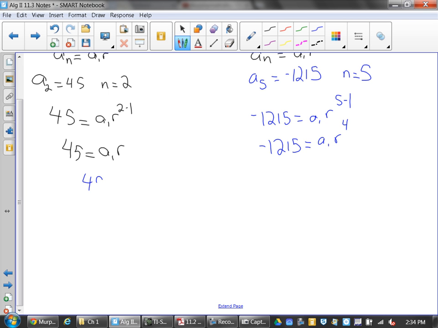So if I take 45 and divide it by r, isn't that my first term? So that means anywhere I see the first term here, what can I substitute in? 45 over r. I'm using substitution to do this.